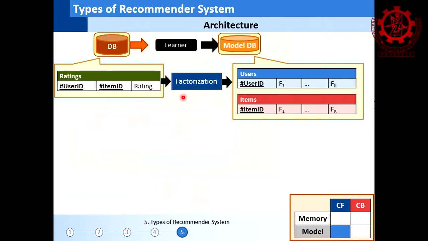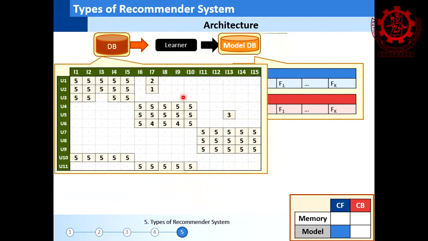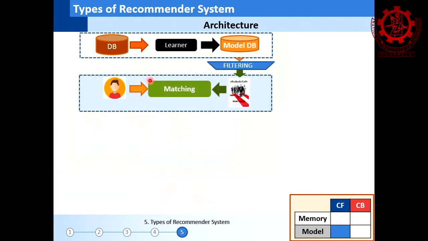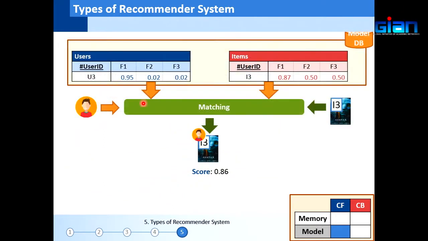Once we have built these two tables, we can calculate the matching process. It's very typical to use it in this way. We have a table of users and a table of items, and we know the features. We know the code of this user, we know the code of this item, and we can obtain the features of the user and the features of the item, because they are in the model database.